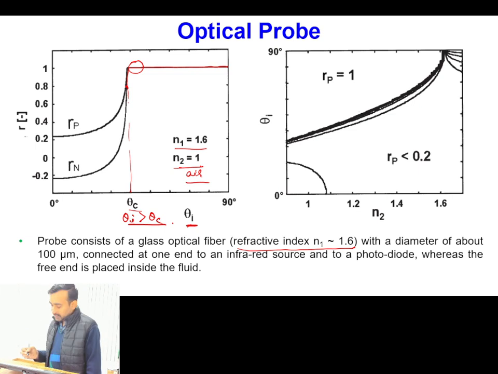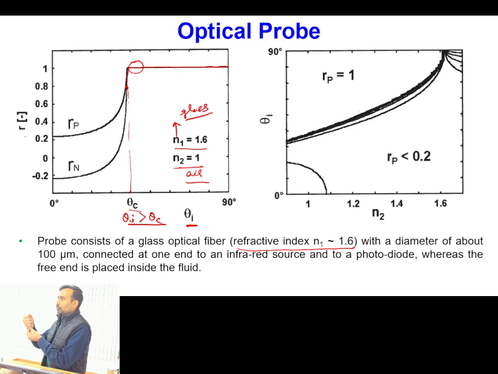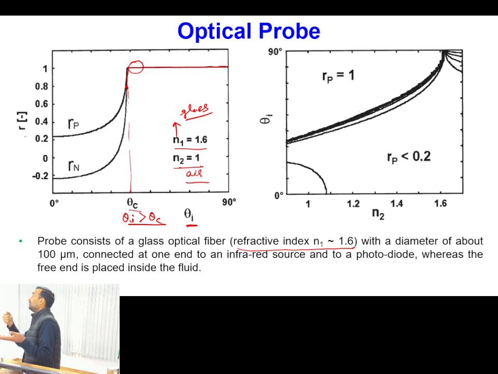Now the second thing is, whenever I use the optical probe, one material is frozen: I am using glass, because I have to use a transparent material for the optical probe. But when this glass optical probe interacts with the flow, the other material can be any.